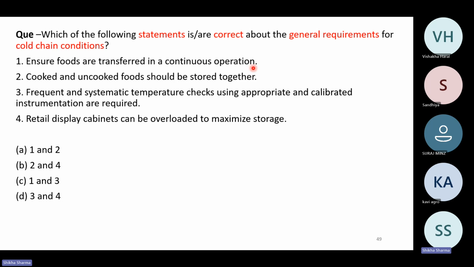Second, cooked and uncooked food should be stored together. Third, frequent and systematic temperature checks using appropriate and calibrated instruments are required. And fourth, retail display cabinets can be overloaded to maximum storage. We need to tell which statement is correct.